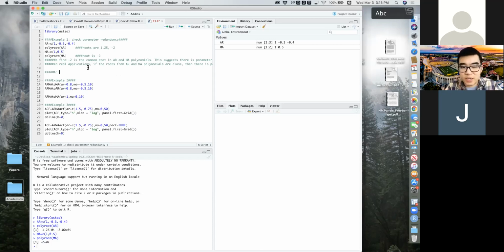The MA polynomial is 1 plus 0.5B. So what is the root? Setting 1 plus 0.5B equal to 0, this is just a linear equation, so B is equal to -2, which is exactly what we want here.